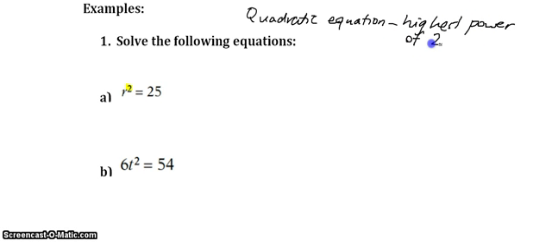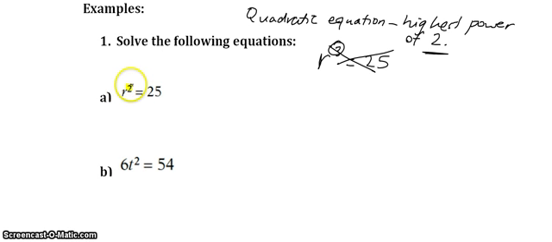And that's probably worth writing down. So if you saw anything else, like if you saw this, maybe r cubed is 25, that's not a quadratic because it has a little 3 there. So it's got to have a highest power of 2 only.